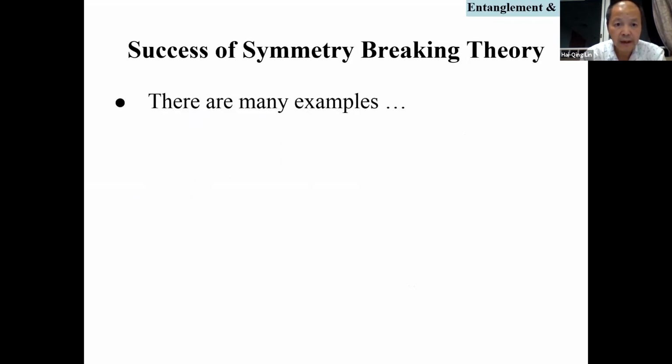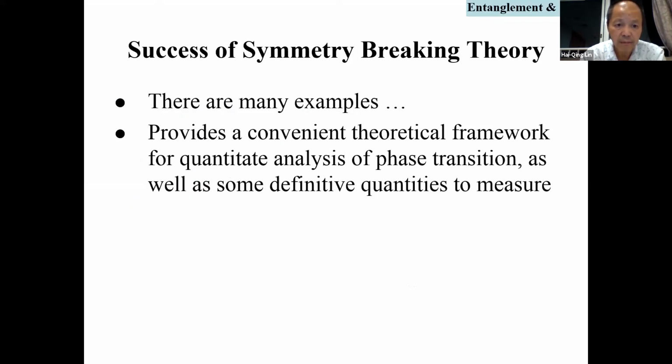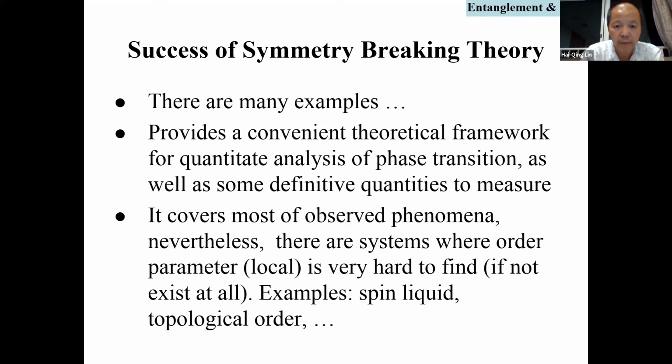Then you can also find many other examples of Landau's symmetry breaking theory's success, and it provides a convenient theoretical framework for quantitative analysis of the phase transition, and also for some definitive quantities for experiments to measure.